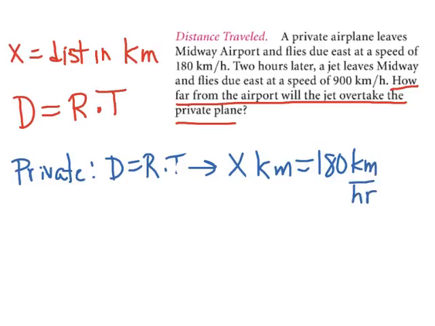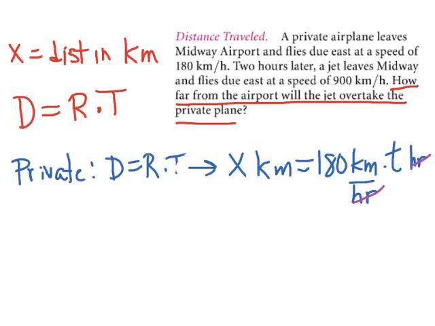I don't know its time either. So this is kind of a weird word problem so far. It's got two variables. But notice time is in hours. So my units cancel out. And I have distance on the left, x kilometers, equals 180 kilometers times time. My time units cancel out, so I have kilometers equals kilometers. Alright, so far, not great, because I have an equation, but my equation has two letters in it.